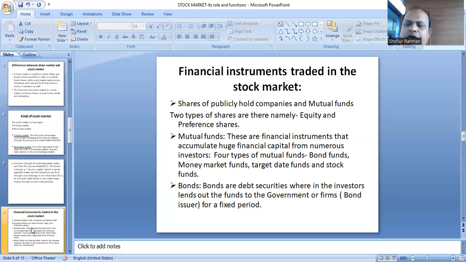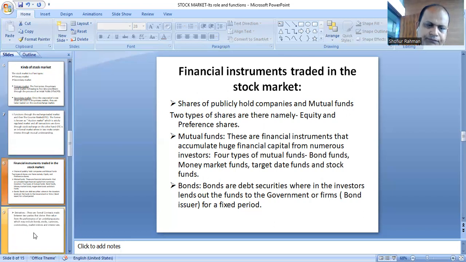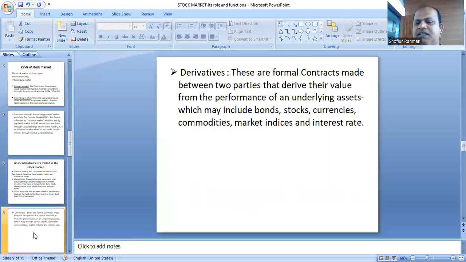Actually, selling bonds and getting money by the companies is just like taking a loan from the bank. Derivatives are formal contracts made between two parties that derive their value from the performance of an underlying asset, which may include bonds, stocks, currencies, commodities, market indices, and interest rate.